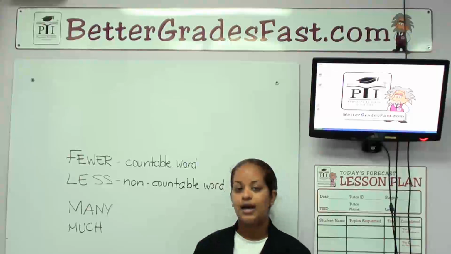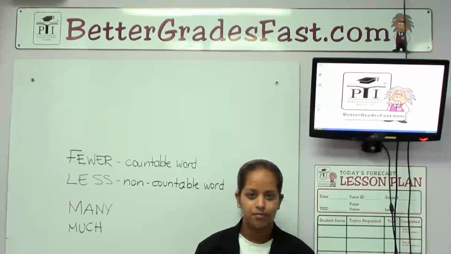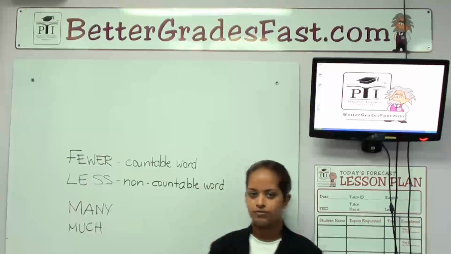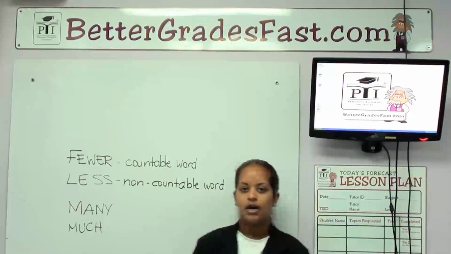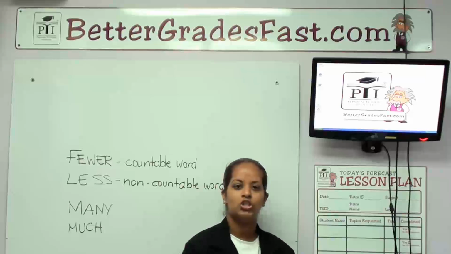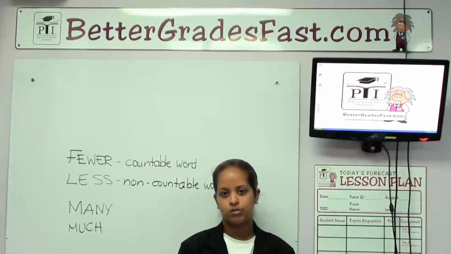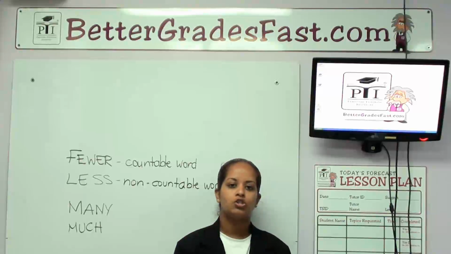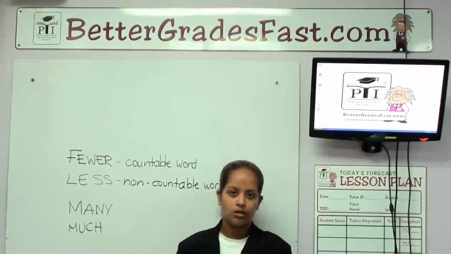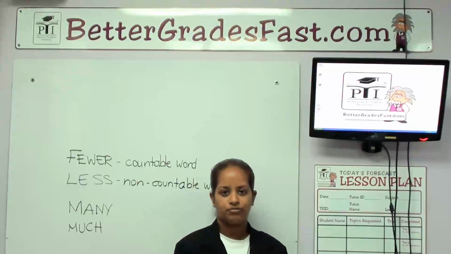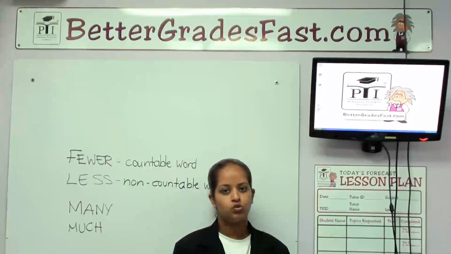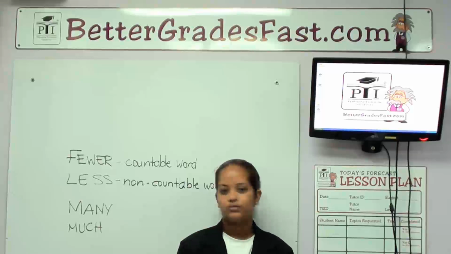So you can say, I have many books in my bag, because you can count the number of books you have. But if I'm using the word much, I would have to use it with a non-countable noun. For example, there is too much sugar in my coffee. Can you count sugar? 1 sugar, 2 sugars, etc.? No, you cannot.